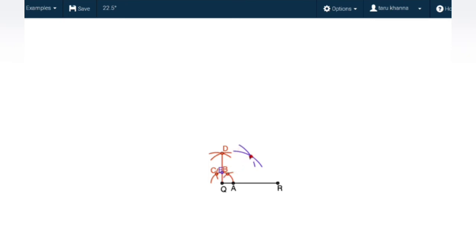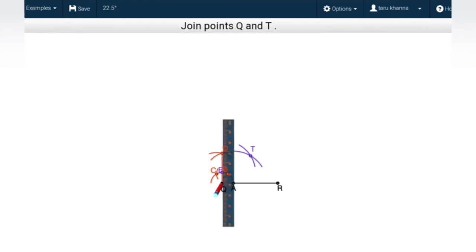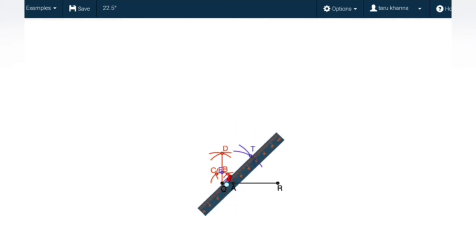The point of intersection of these two arcs will be marked as point T, and we will join Q and T. Once we join Q and T, we have bisected angle DQR, and now we have angle TQR equal to 45 degrees.